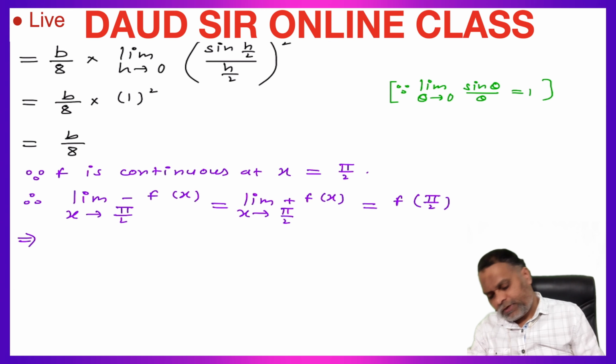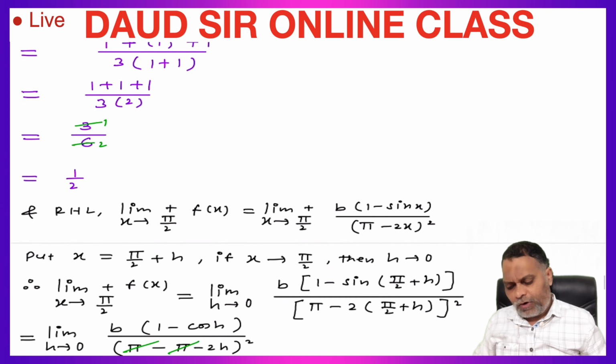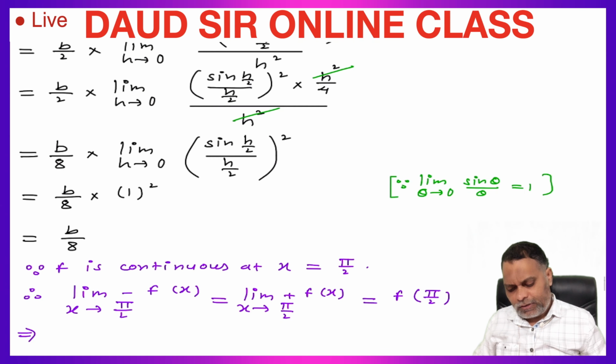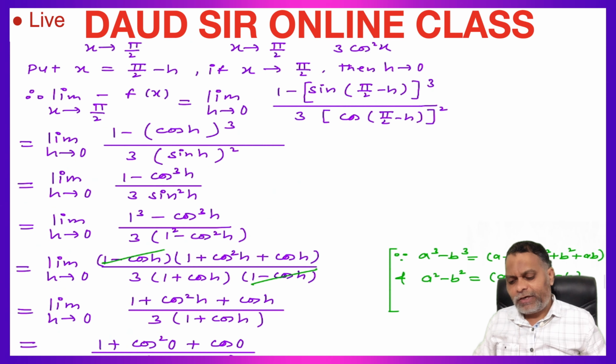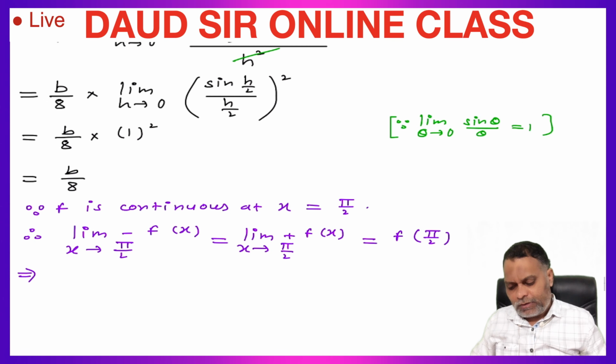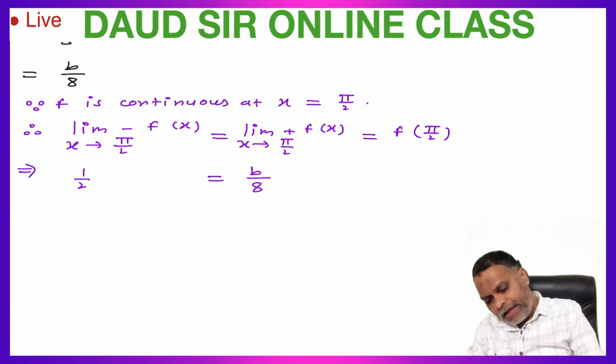Which implies left hand limit 1 upon 2, right hand limit b upon 8, and the value of function at pi by 2 is a.